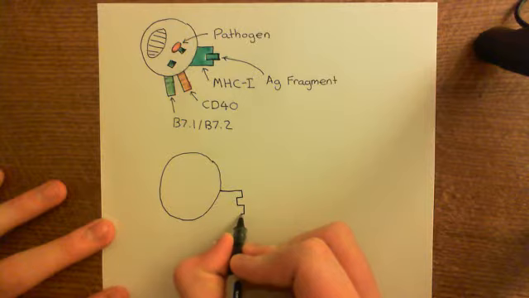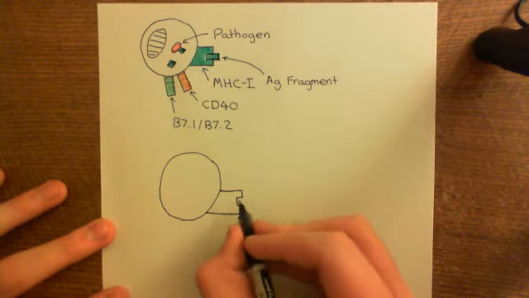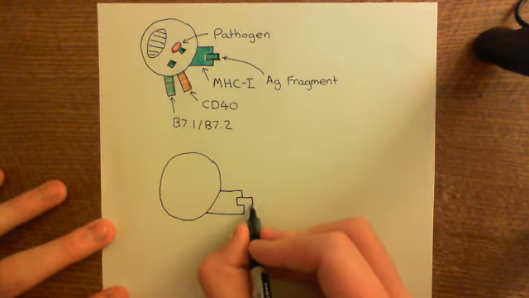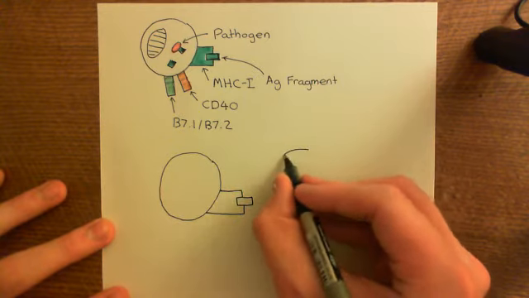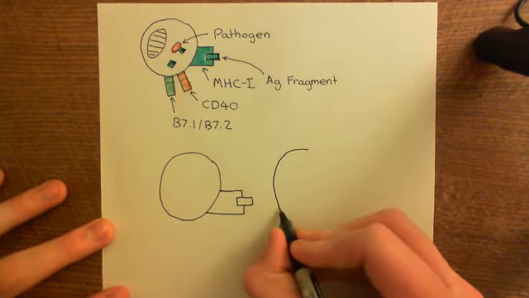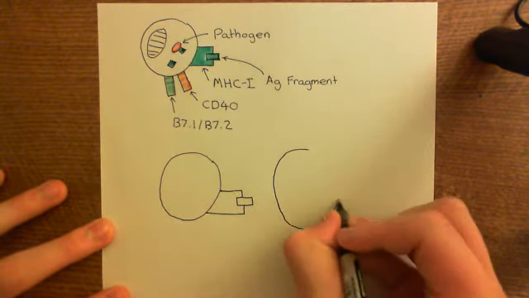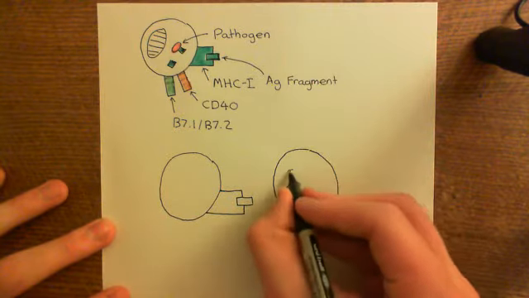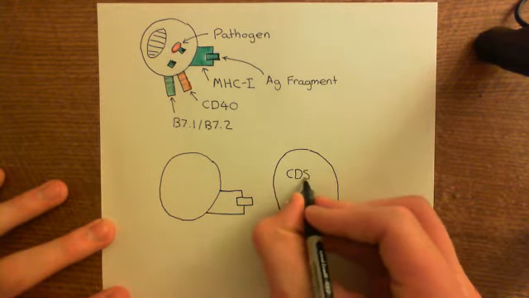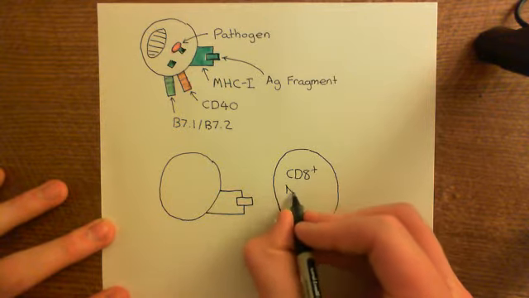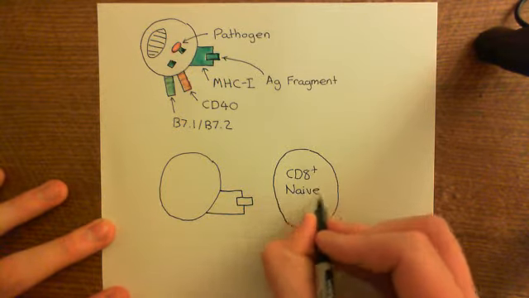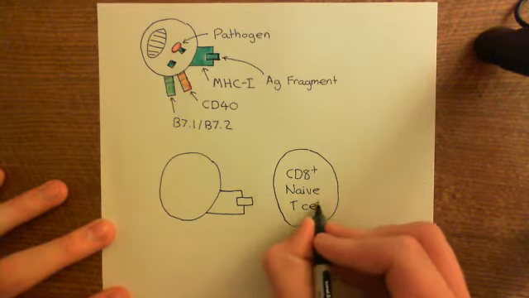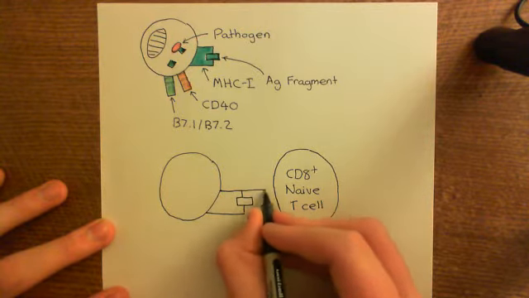So here is our MHC class 1 with its antigen fragment here. Let's say this is our CD8 positive naive T lymphocyte here. Okay, and we're going to form an immune synapse again. So this is a CD8 positive naive T cell, and it has the perfect T cell receptor.